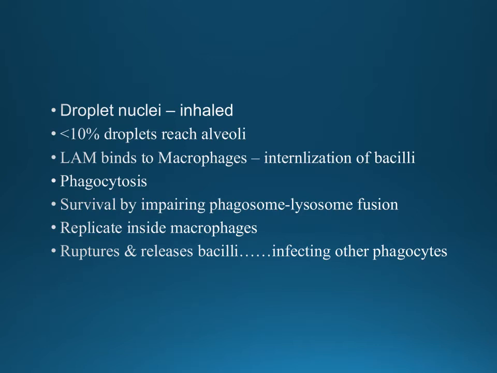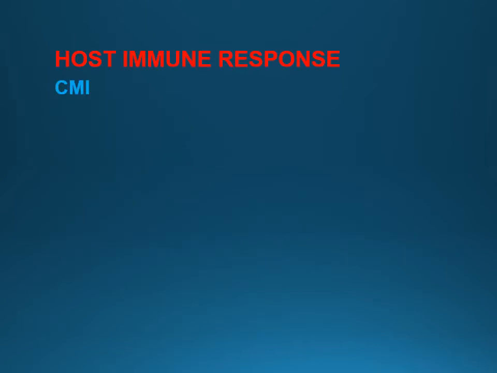So when this fusion is impaired, the bacteria will not be killed, and the bacteria will replicate inside the macrophage. When they replicate, this macrophage later on will rupture and release this bacteria, and these bacteria will infect other phagocytes, other macrophages. So this is how the replication and spread occur.